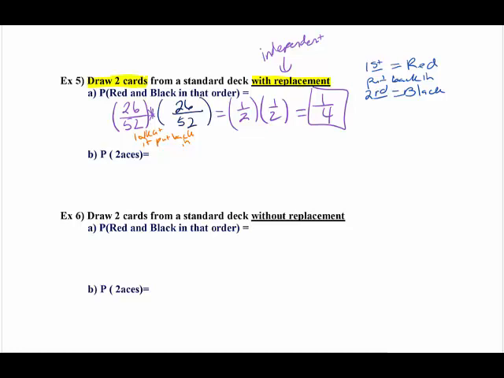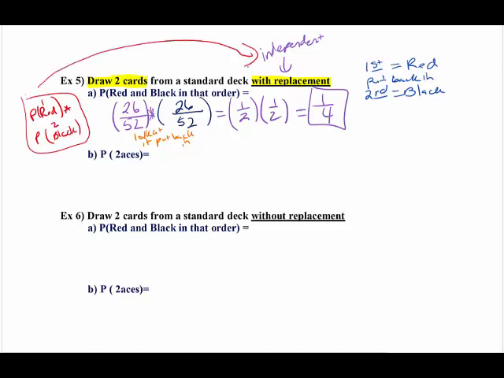So I did probability of red times probability of a black. Because they were independent, I could just multiply the two together. So I'm going to just write that down over here on the side. Probability that the first one's a red times probability that the second one is black. I don't have to worry about any condition because this was independent.